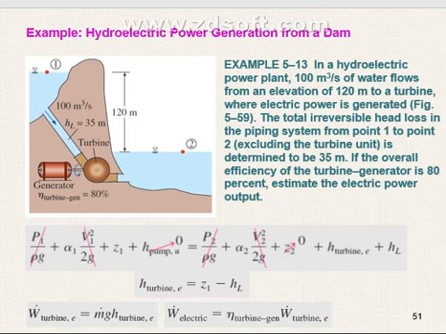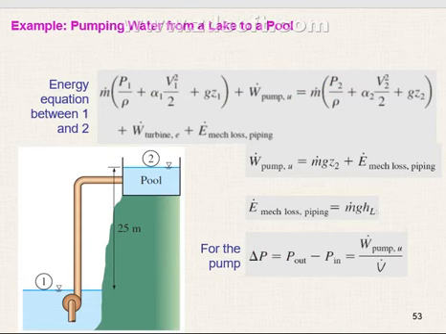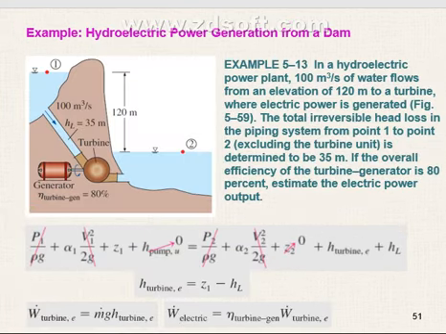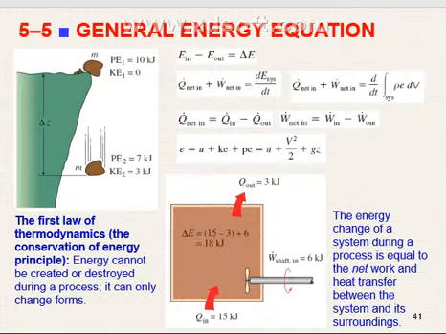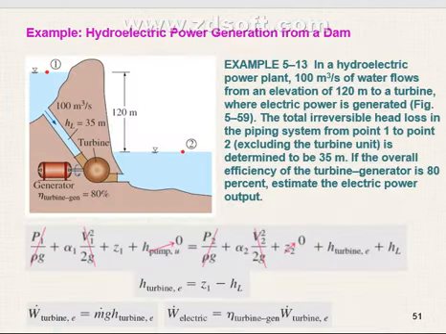We have 2 examples here, guys, one example about a turbine, another example about a pump. I did these examples before. So in summary, in this section on the general energy equation, I need you to understand this equation, some concepts about energy, power, work, etc. Then I need you to understand these 2 examples very well.